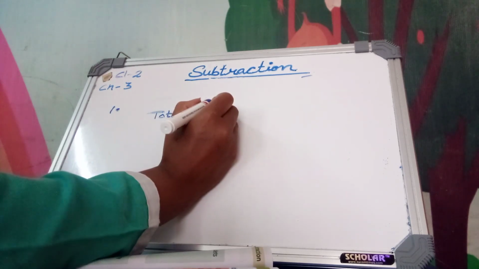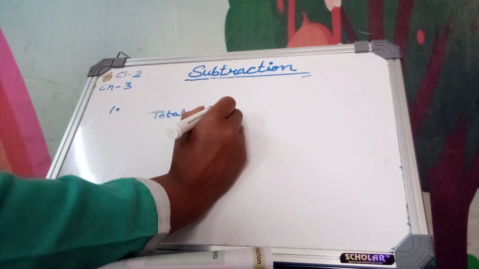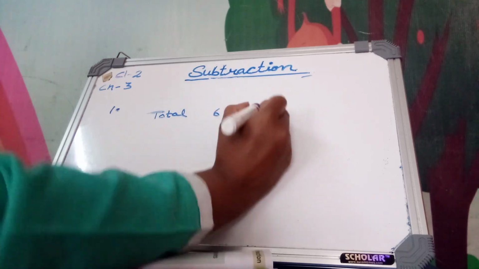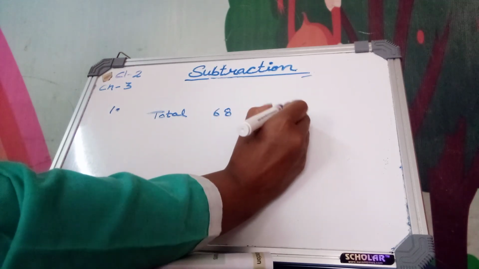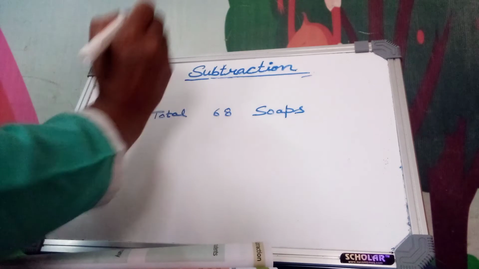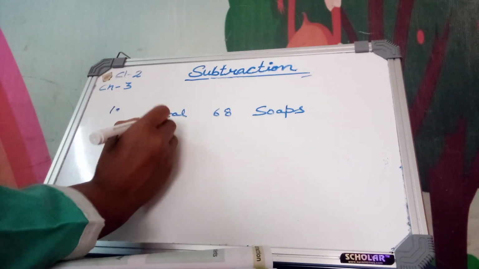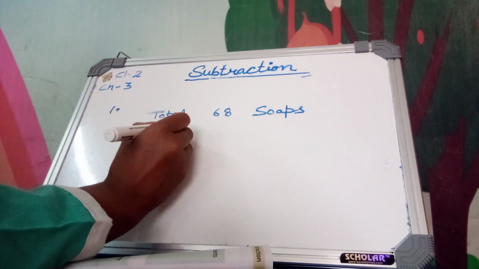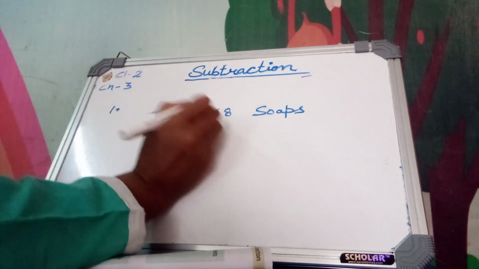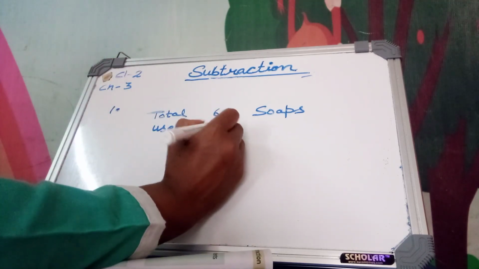How many soaps are there? 68 soaps. Now used soaps, 45.